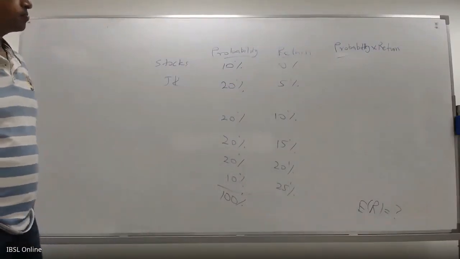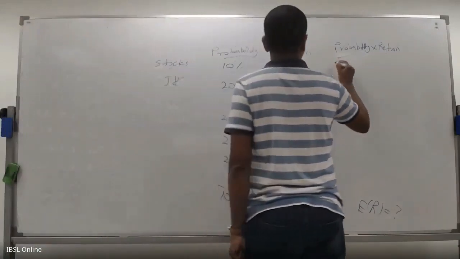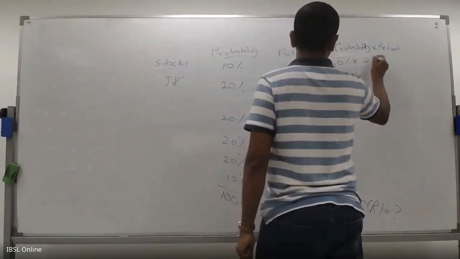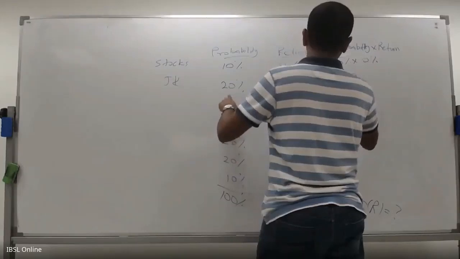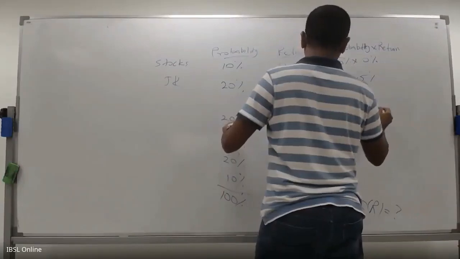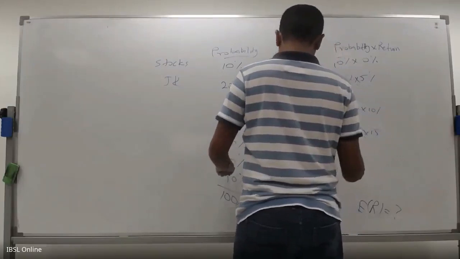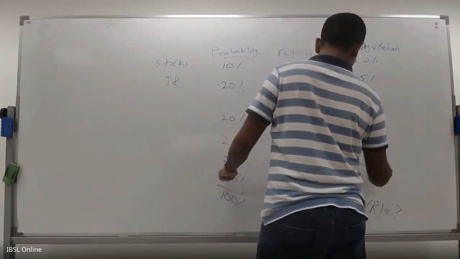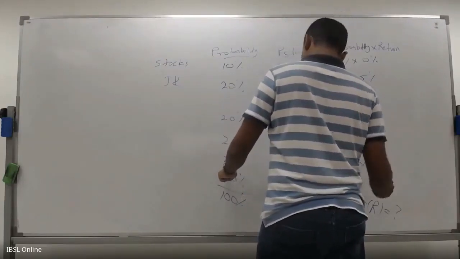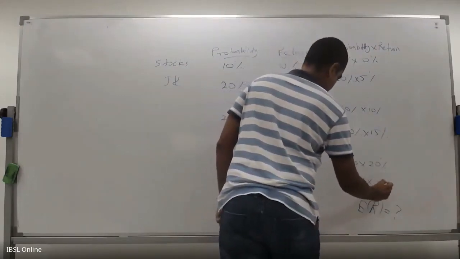Okay. Right. So 10% into 0%. Okay. 20% into 5%. 20% into 10%. 20% into 15%. 20% into 20%. And 10% into 25%.